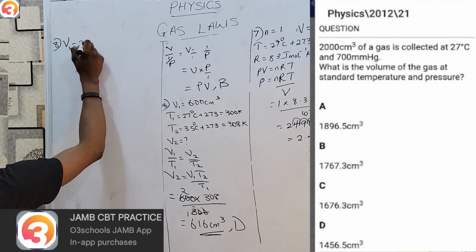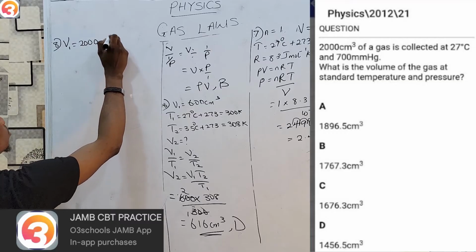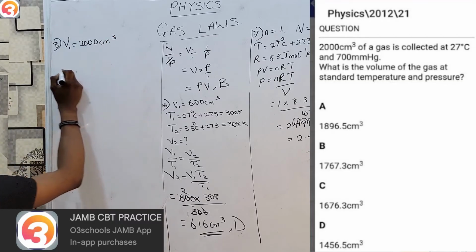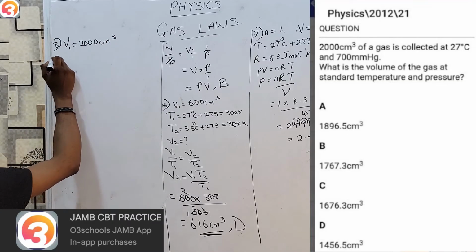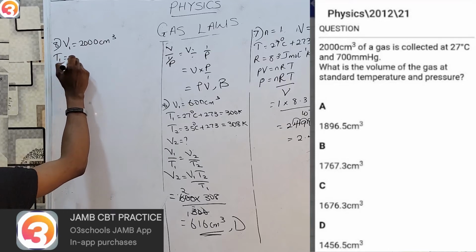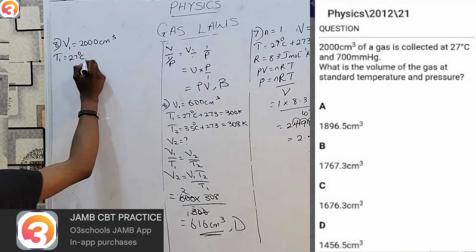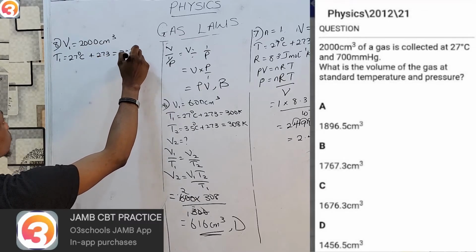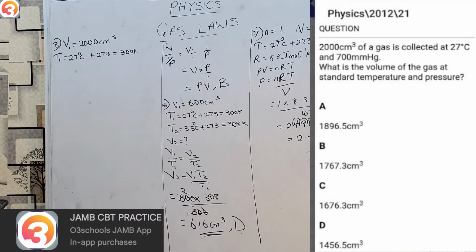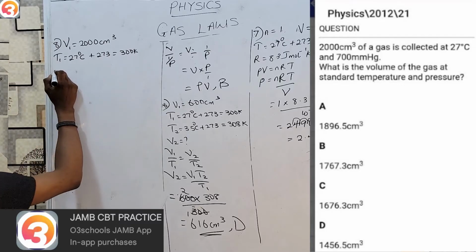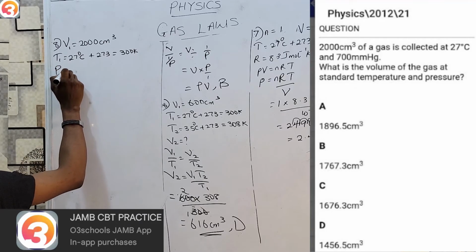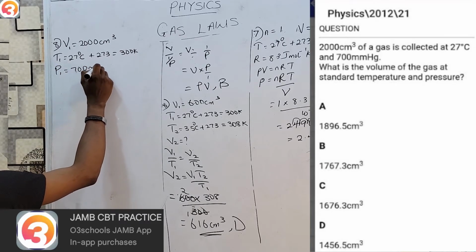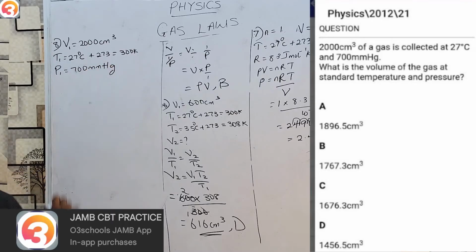Let's start with the volume. 2000 cm cube of a gas is collected at 27 degrees Celsius. Temperature is 27 degrees Celsius, and if I add 273, this is 300 Kelvin. And the pressure is 700 millimeters mercury.